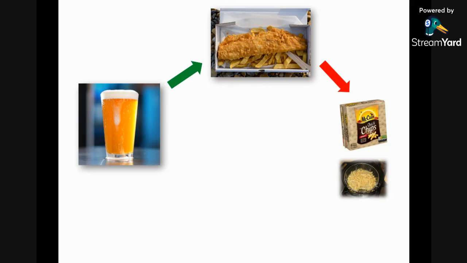And why bother making it yourself? Why bother making the chips yourself when it tastes so much better from the chip shop anyway? So you can imagine that that's going to inhibit, and also there'll be no sort of risk of oil fire, deep fat fryer spills and chip pan fires.